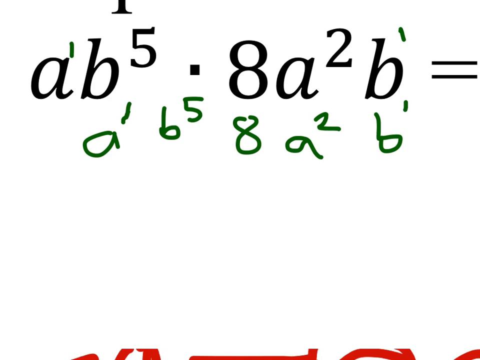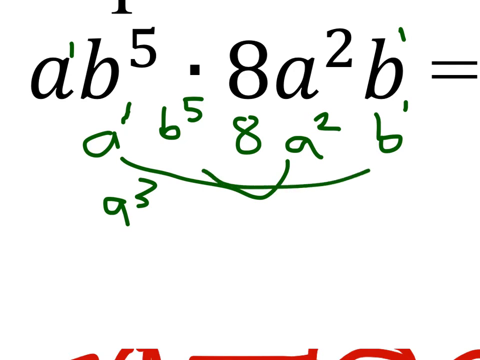So B to the 1, B to the 5, and then you combine these, and that would be A to the 3, B to the 6, and then this is the only 8. So is that right? I guess. That's correct. Excellent work.